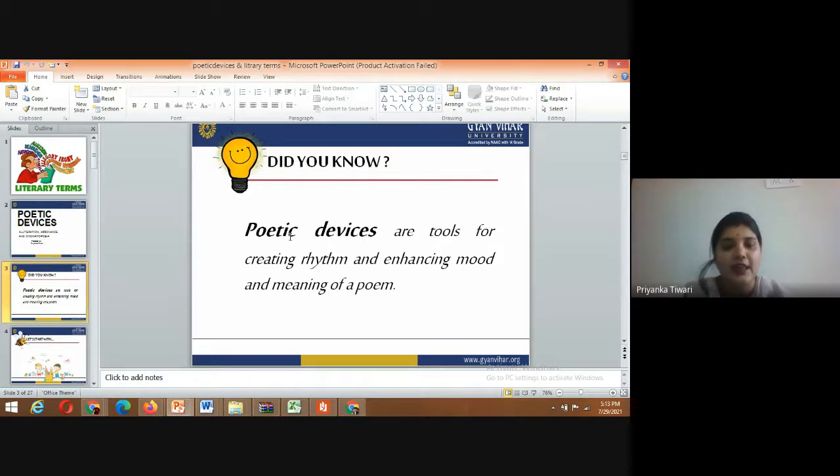So we will focus on poetry devices, these tools for creating rhythm and enhancing mood and meaning of a poem.